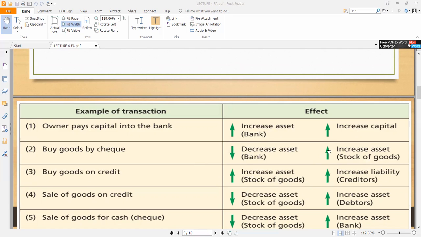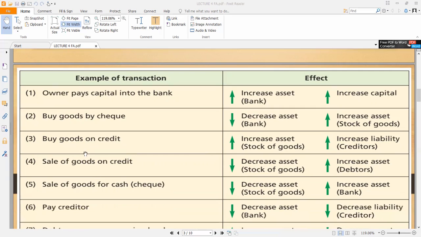When we talk about stock, we're talking about the goods of the company. So the stock increased. It means that the company has shifted the money from one type of asset, the money, to the stocks. Remember that all these are assets.